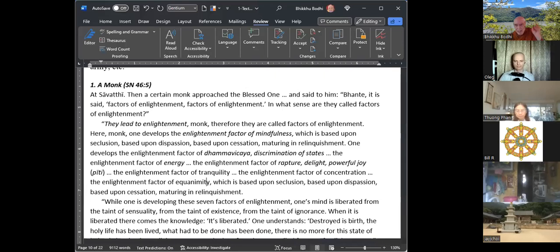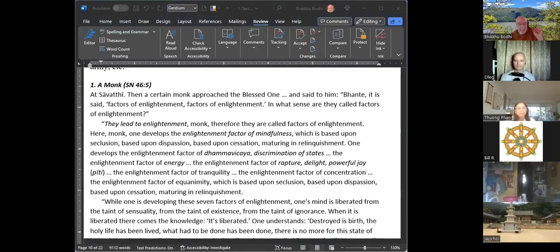Now, the way I look at these 7 factors of enlightenment, they're joined in a sequence, as you can see, going from the basic to the final stage, the culmination.